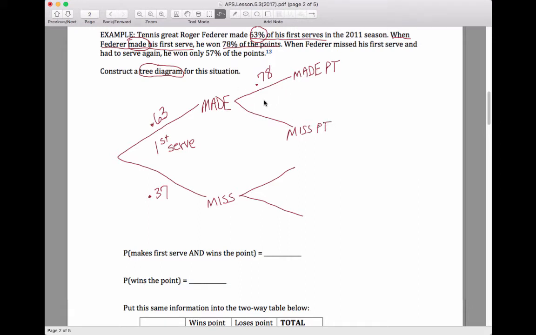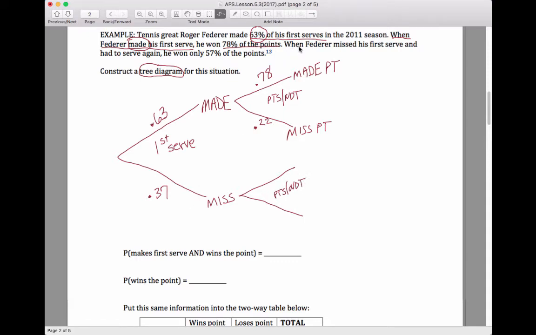So the second thing that can happen is whether he gets the point or not, for that particular match or game, not sure what you call it when you get a round going. Therefore, this other branch is the complement of 78%, which is 22%. Again, this is whether he got the point or not for that round.